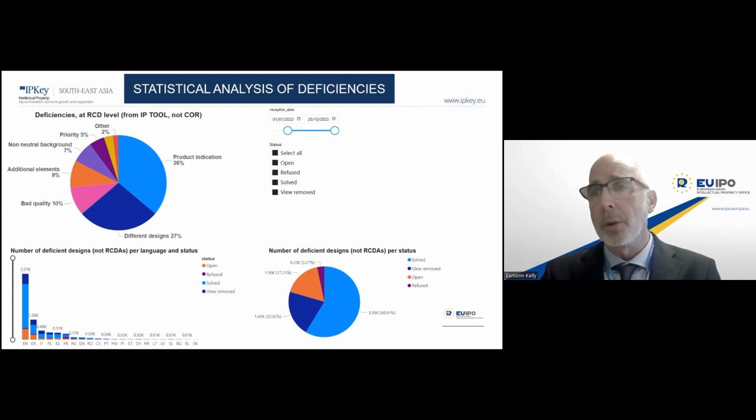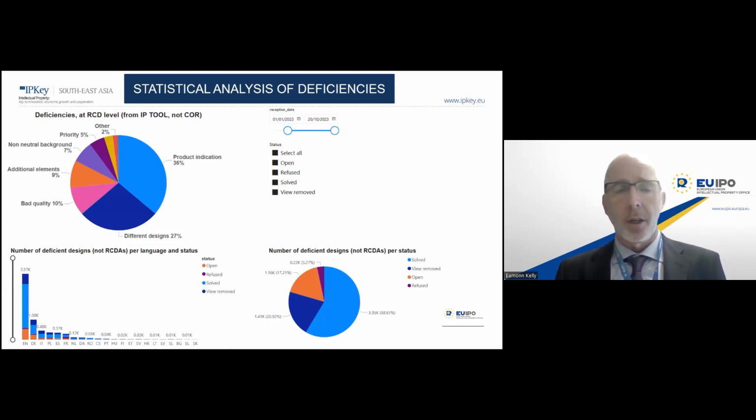In this case, we know that 27% of the deficiencies we receive, about 1/4, have problems with inconsistent designs or different designs. 1/3 are related to product indication, while others may be poor quality, additional elements, and so on.